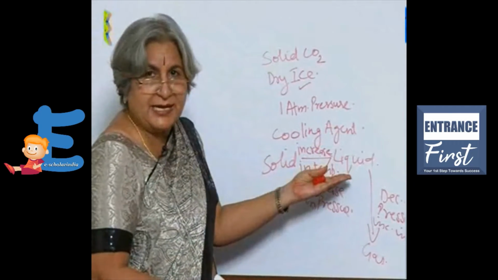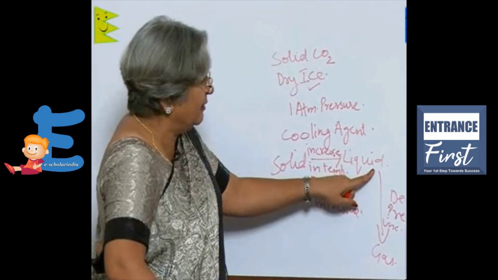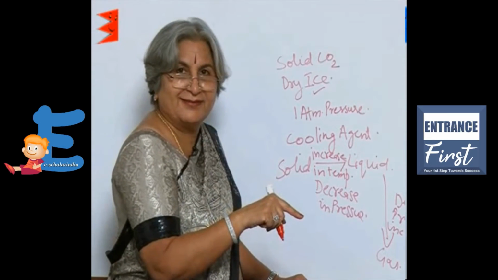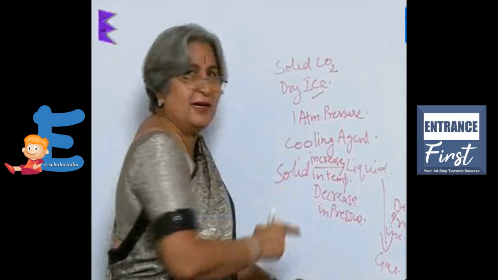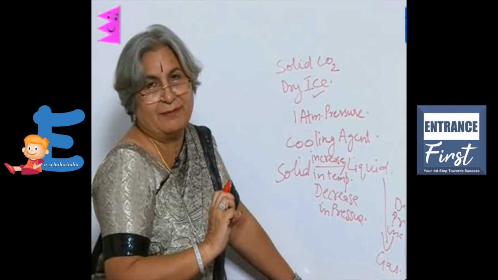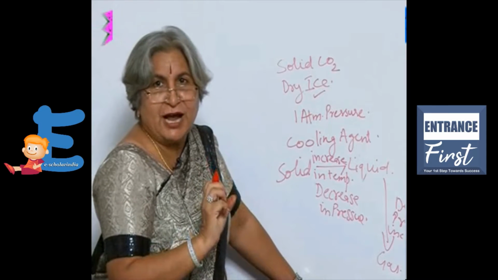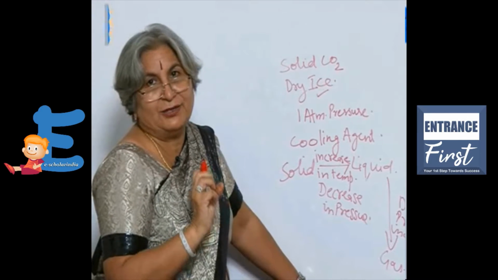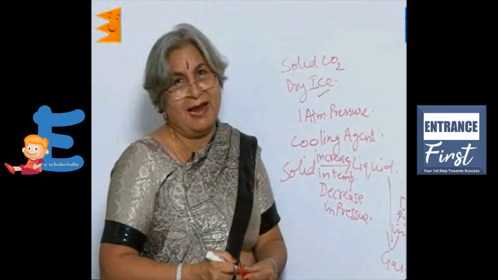In the reverse case, gas to liquid will be increase in pressure and decrease in temperature. And again from liquid to solid, again increase in pressure and decrease in temperature. So this is how the state of matter is interchangeable by two things, temperature and pressure.